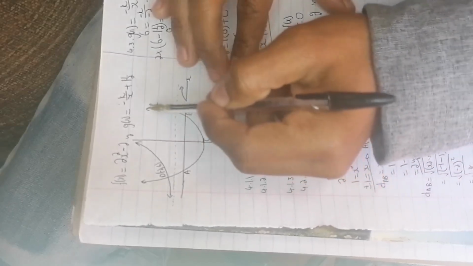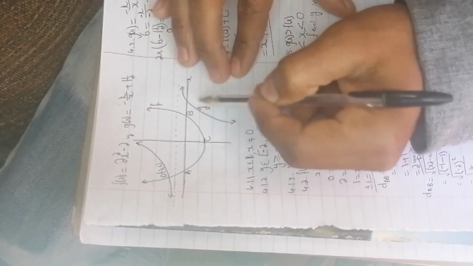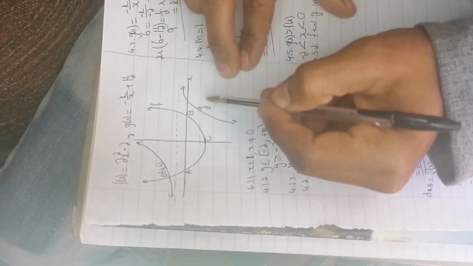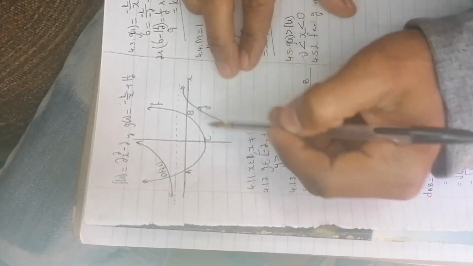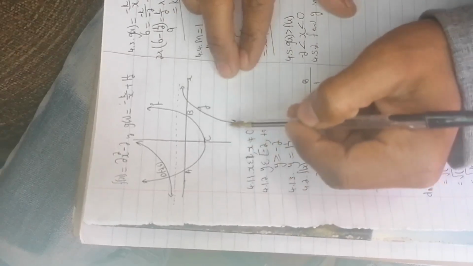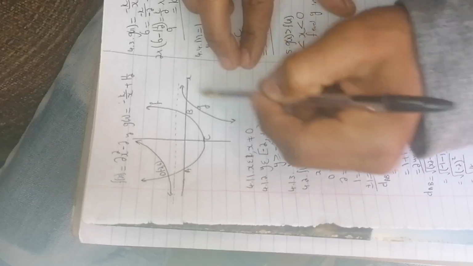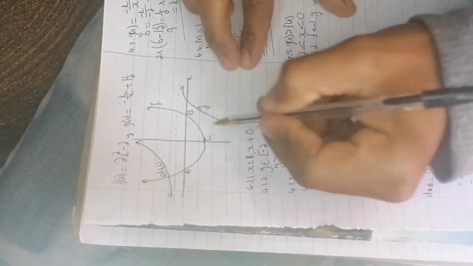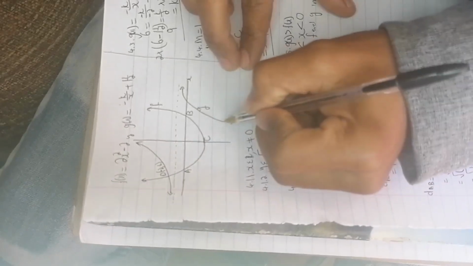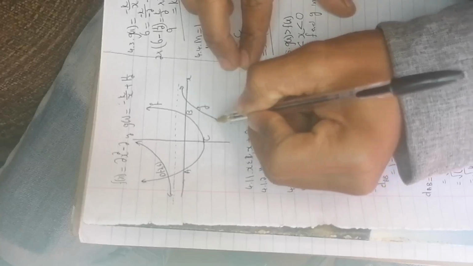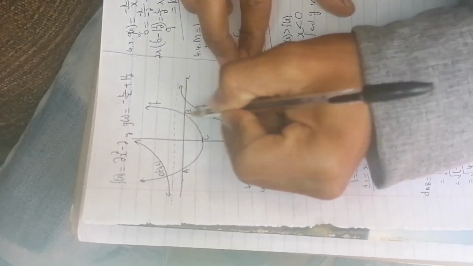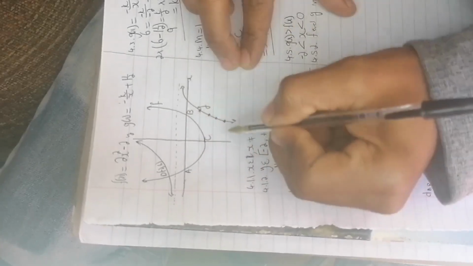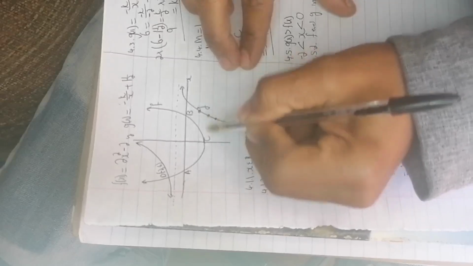What about this portion of g? As I move from left to right, let's see what is happening. As x increases, this is also increasing. Can you see that x is increasing? And as x increases, look at y is also increasing.